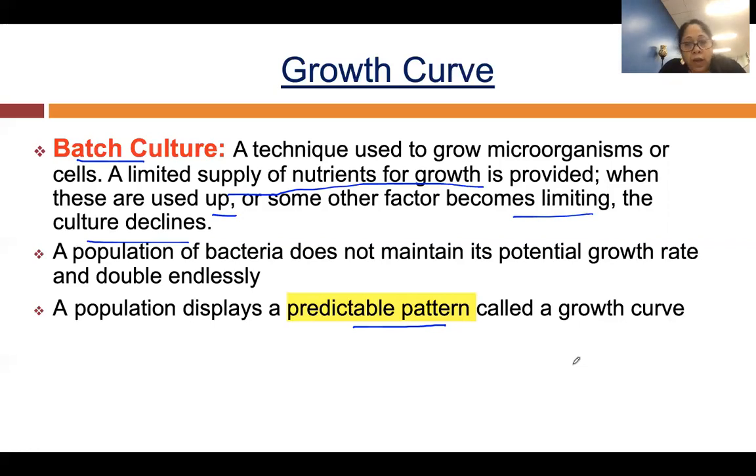So what happens inside that batch culture? Bacteria actually show different phases. There are 4 phases of bacterial life, or you can say bacterial growth, that we can observe in a batch culture.